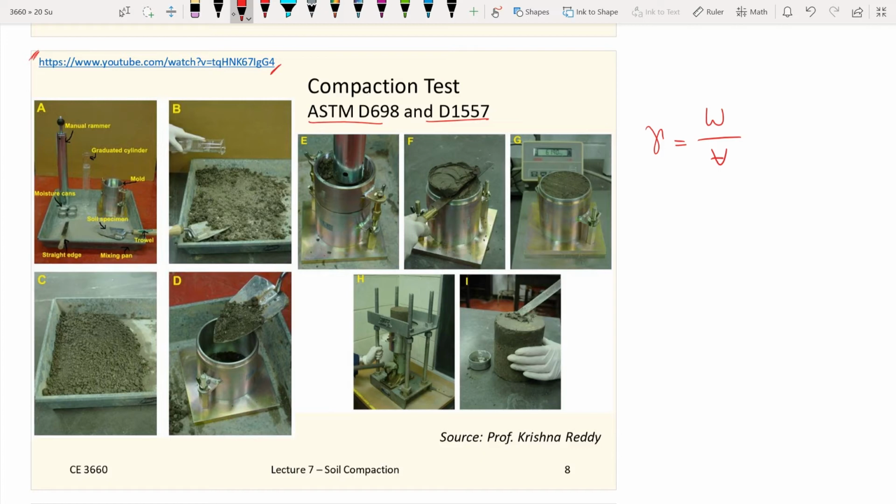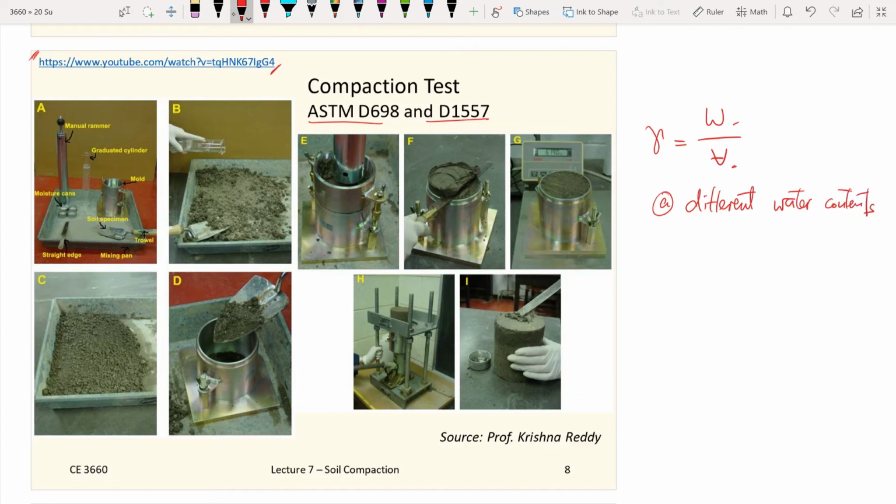But what I want you to get out of here now, the key concept, is you want to find out how much weight fits in a confined volume at different water contents, such that you can form the compaction curve.